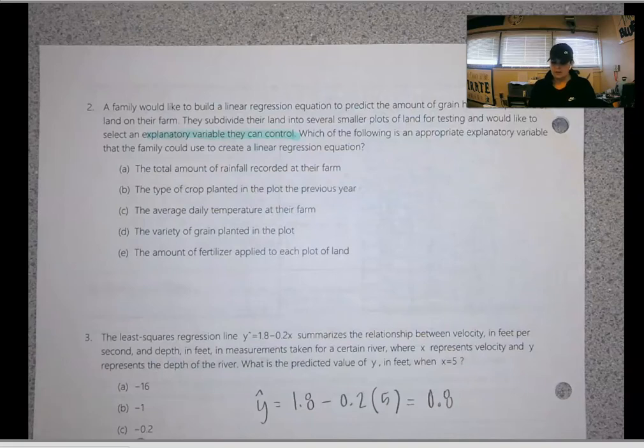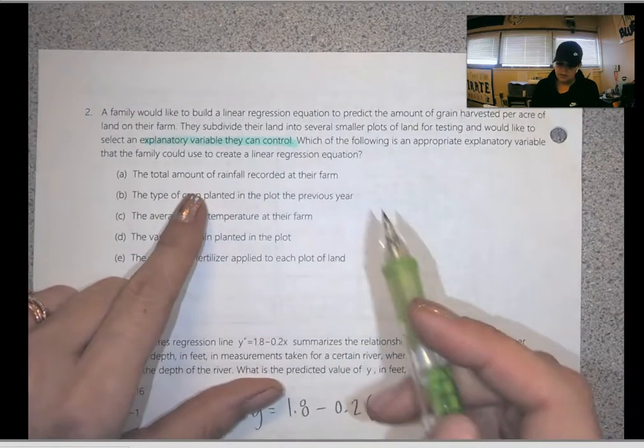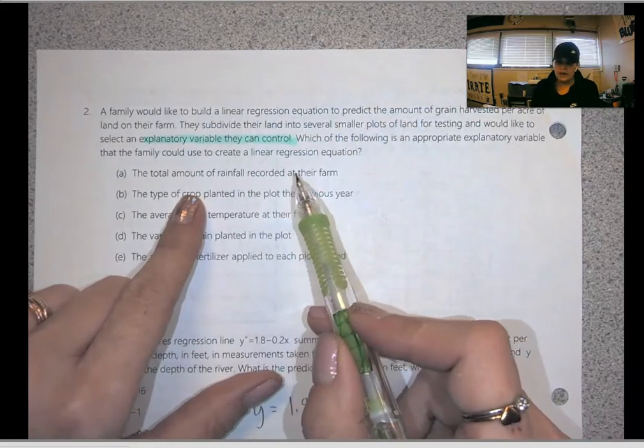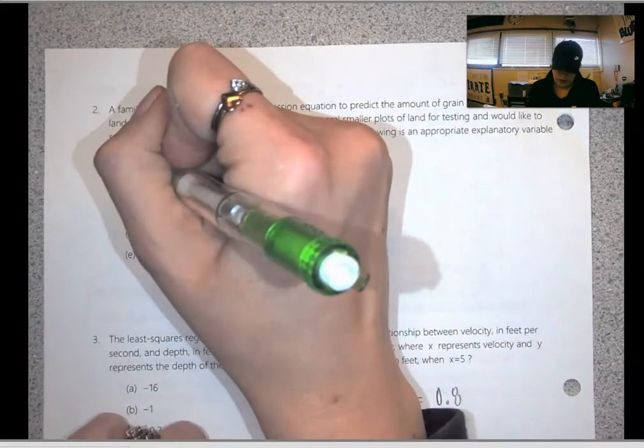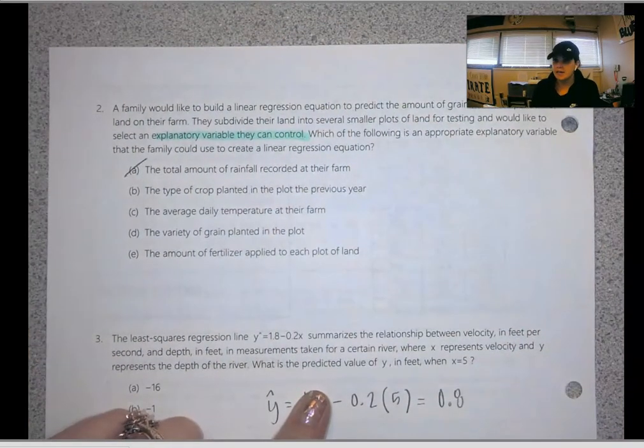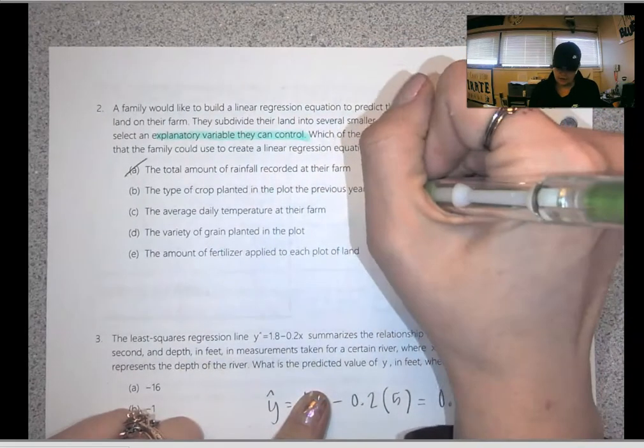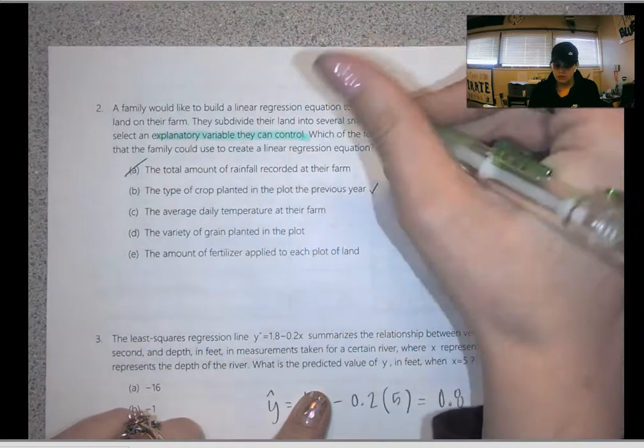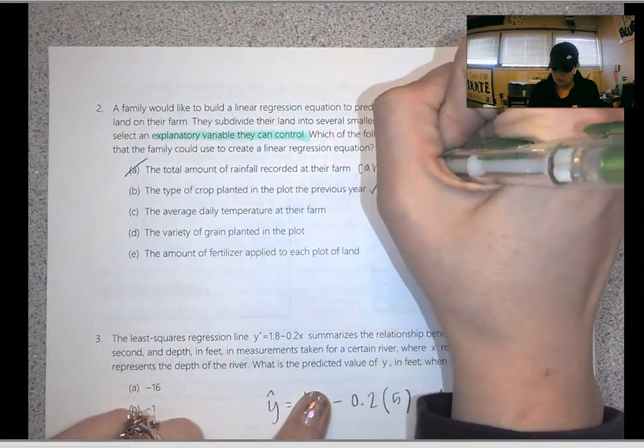Okay, so the amount of rainfall recorded at their farm. I automatically knew it wasn't that one because we can't control rainfall. The type of crop planted in the plot. Well, yeah, we can control this. So this one was a can't control.